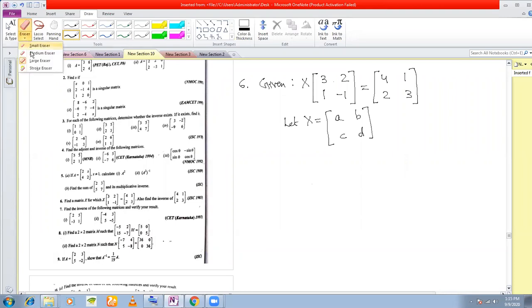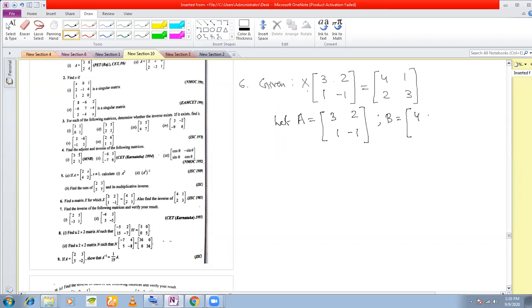But this time we'll not do it this way. This time we'll do it in a much different and much easier way. What we are going to do is see that X has been multiplied by this matrix. First you say let A is equal to the matrix 3, 2, 1, minus 1, and let B is equal to the matrix 4, 1, 2, 3.